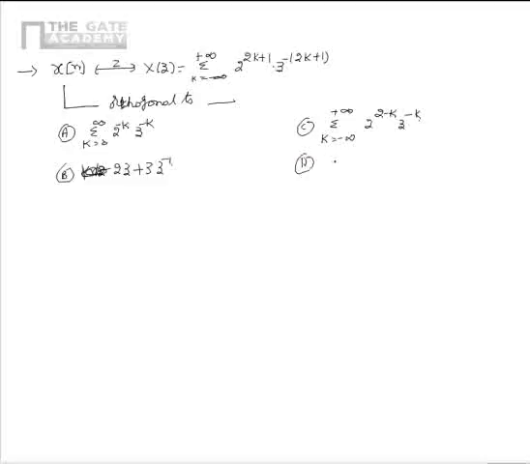In case of D, the z transform is sigma k equal to minus infinity to plus infinity 2 power minus 2k z power minus 2k. Here we see that the coefficients of z power m are positive for x of z and also they are positive for all the options.